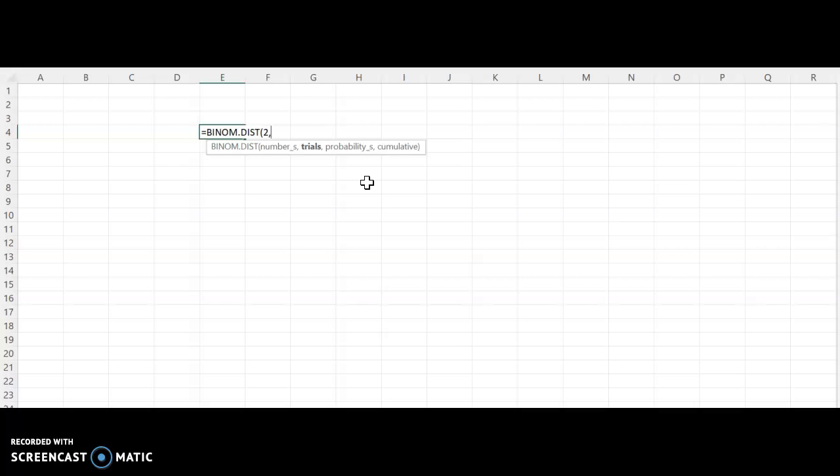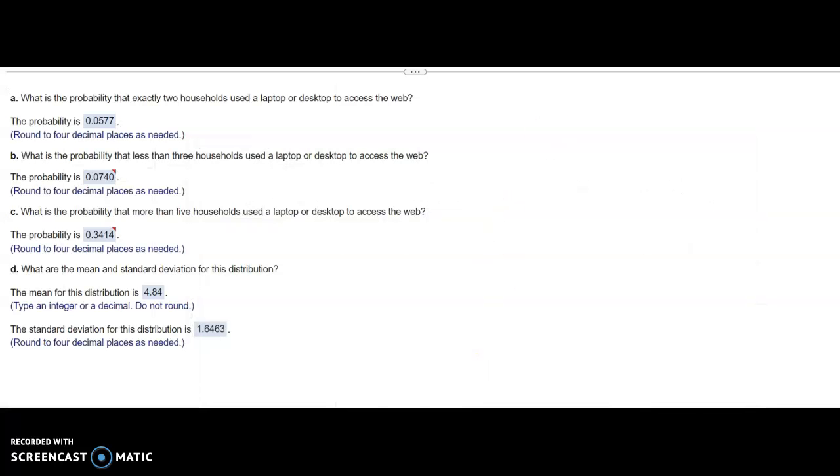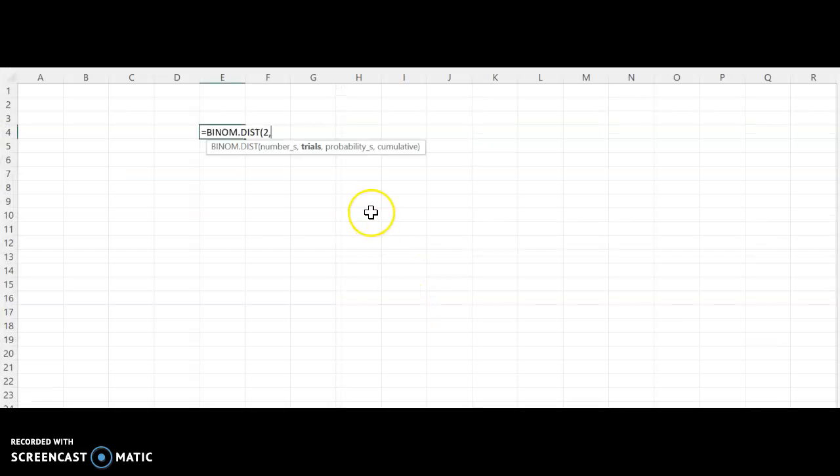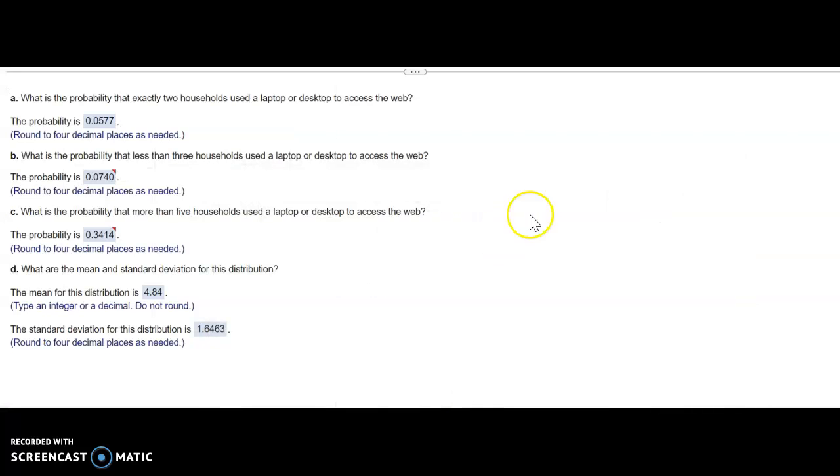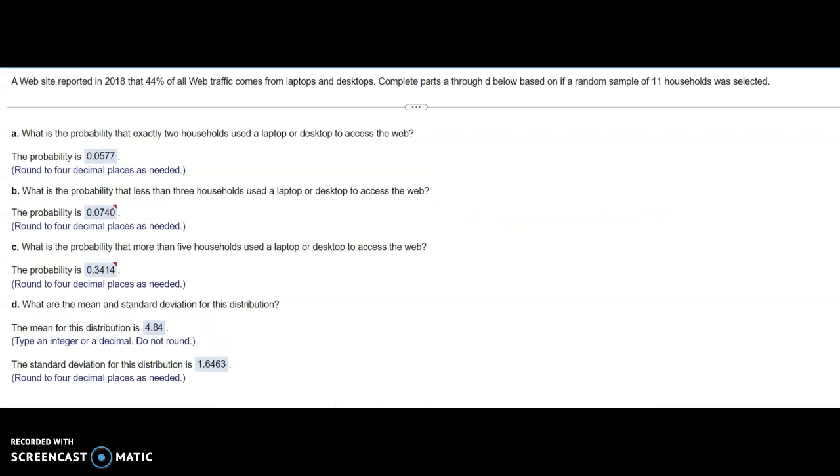So you want 2, and then your trials is 11. And then your probability of success is given to you at the top here. It's 0.44.